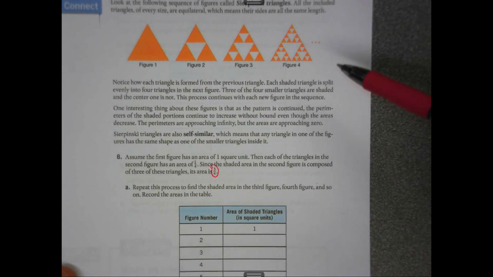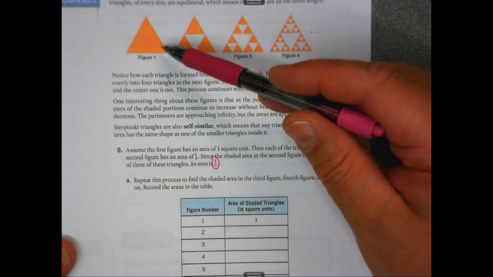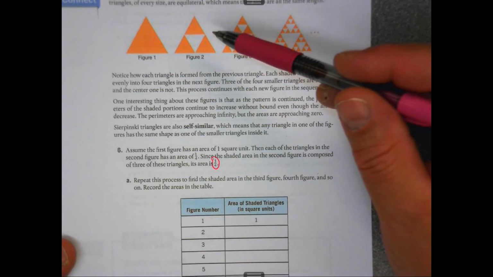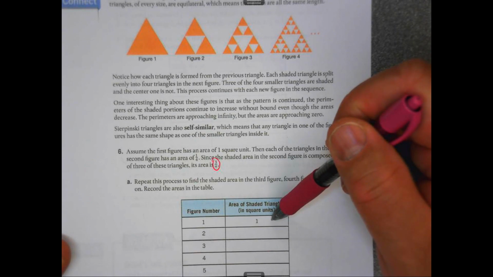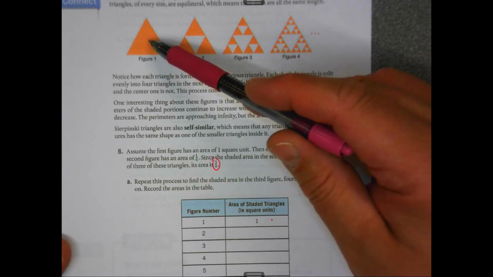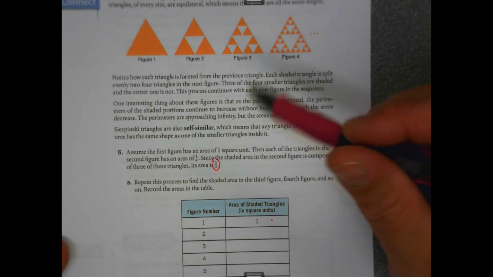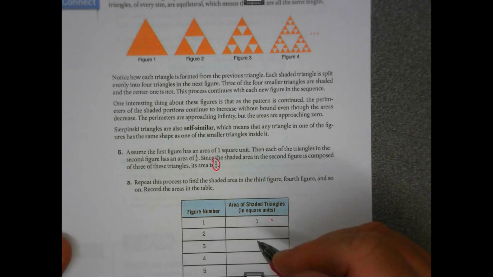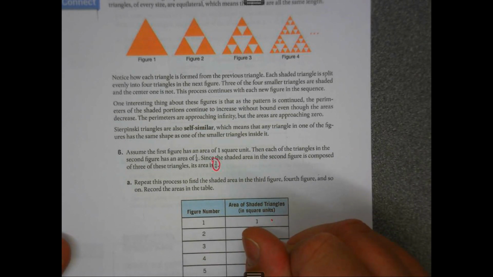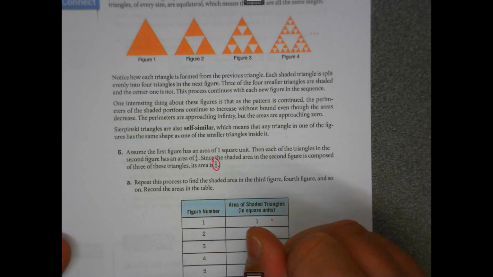So, okay, the first one we had 1 square unit. Second one, we had 3, it was split into 4 triangles. So that means we ended up with a shaded area of 3/4.